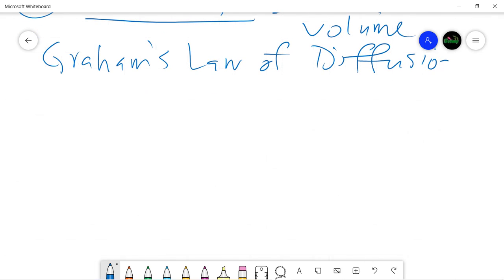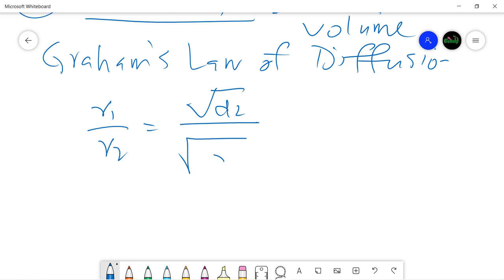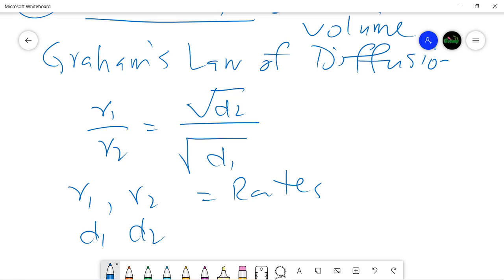And we can mathematically write down the law of diffusion. R1 and R2 are the rates of diffusion, and D1 and D2 are the densities of two gases.